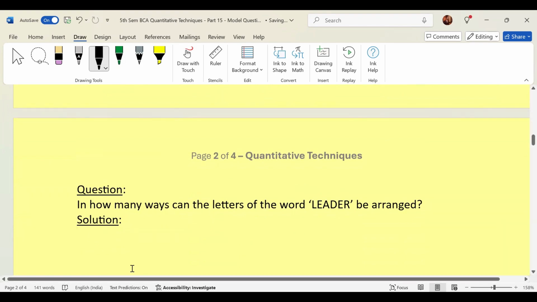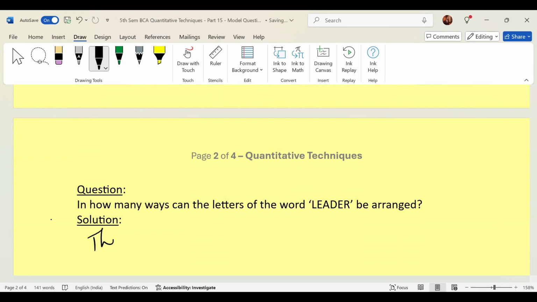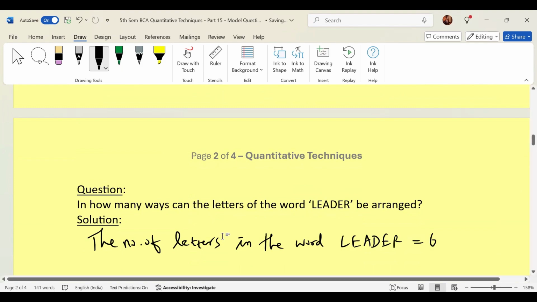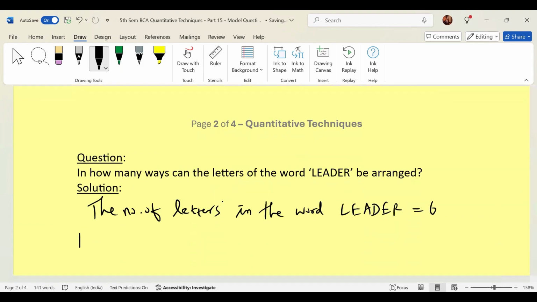In how many ways can the letters of the word leader be arranged? The number of letters in the word leader equals a 6 letter word, and here E repeats or E occurs twice.